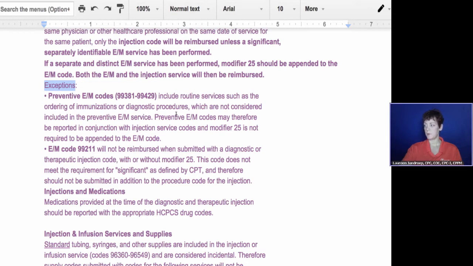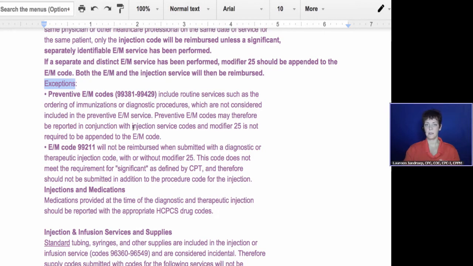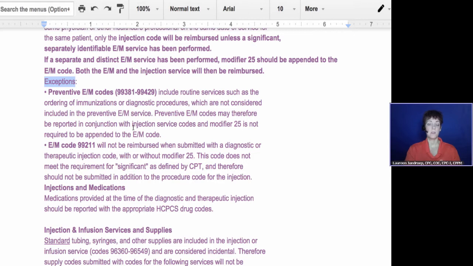Preventative E&M codes may therefore be reported in conjunction with injection service codes, but modifier 25 is not needed on those. I kind of view modifier 25 as for regular E&M codes, not the preventative medicine ones. And by regular, I mean the HEM-based ones, history, exam, medical decision making. They've got those 3 bullets in them.